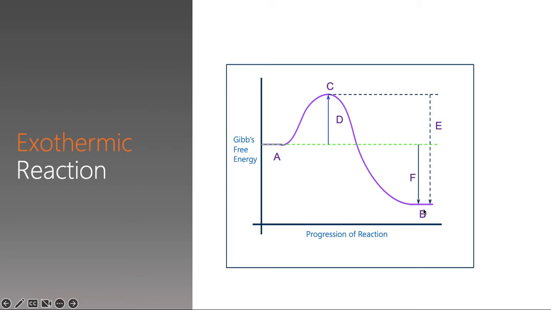The energy change between the products and the reactants, so this F here represents that energy change, is negative, which means that the reaction is going to proceed as spontaneous in the forward direction from reactants to products. If it were higher here, I would have a positive energy change, which means it would not be spontaneous in the forward direction, but it would be spontaneous in the opposite or reverse direction.